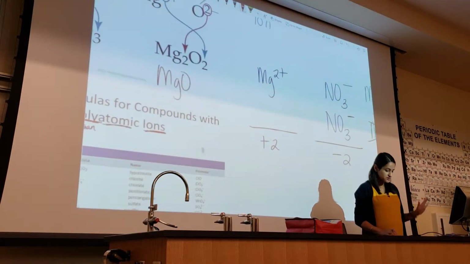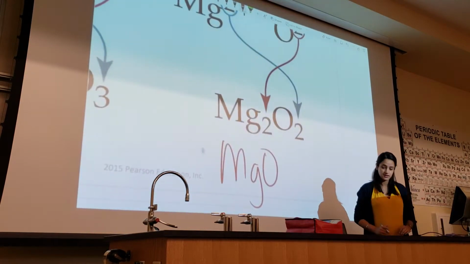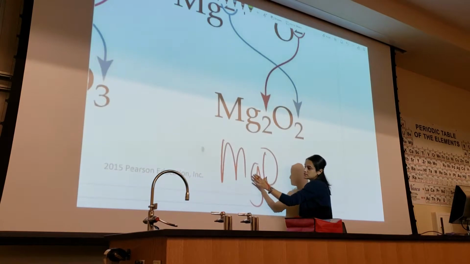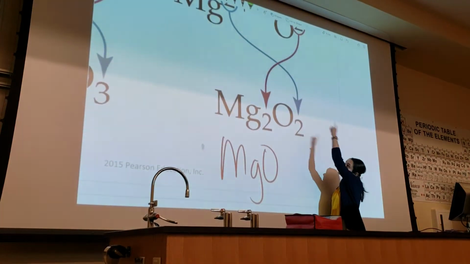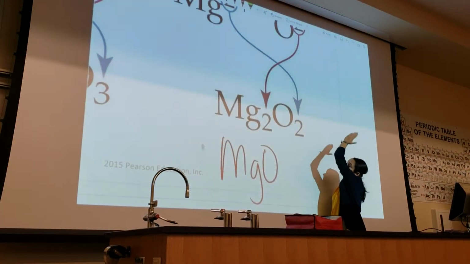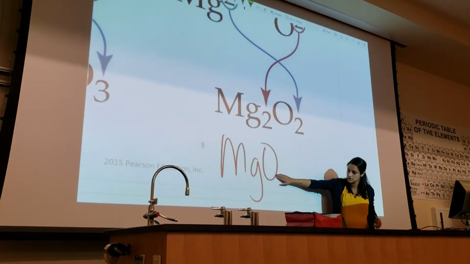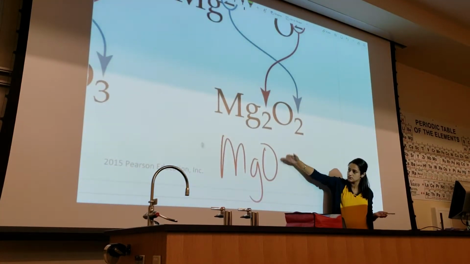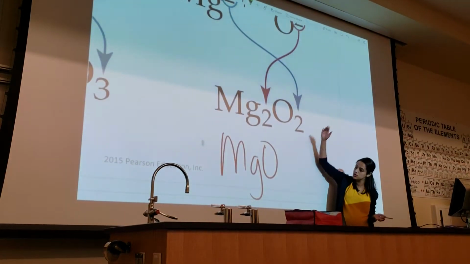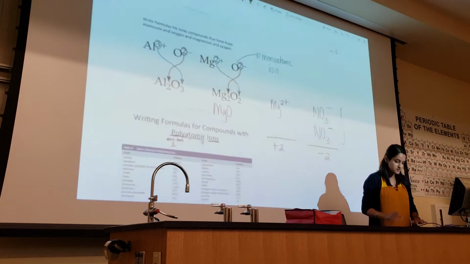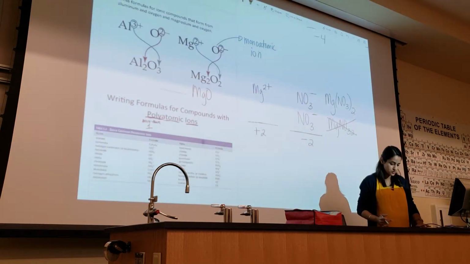So it's the same thing as something like magnesium oxide. When you split it up, you have magnesium and oxygen. This is very similar to nitrate. This happens to be negative 2, nitrate happens to be negative 1, but it's not any different. It still wants to gain a certain amount of electrons.